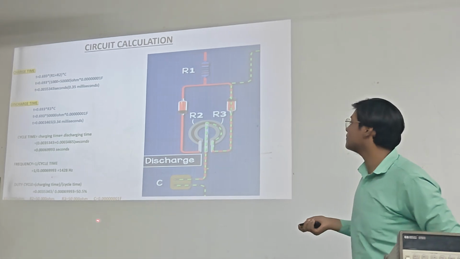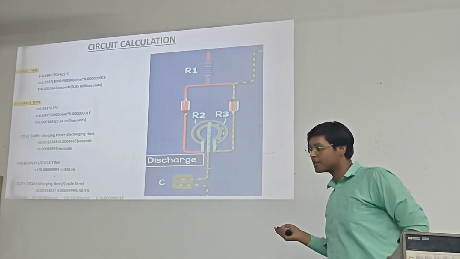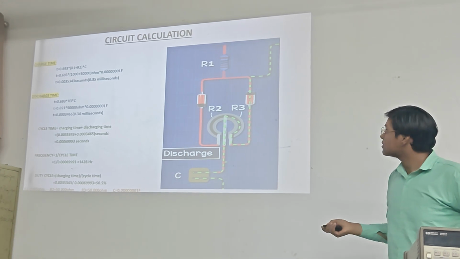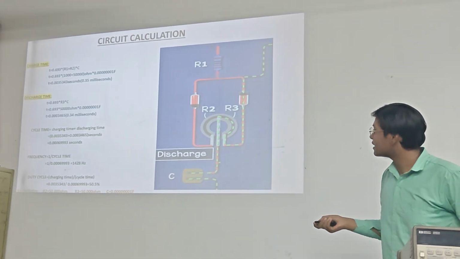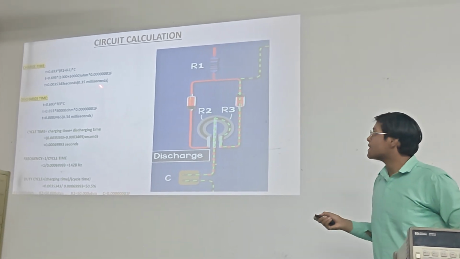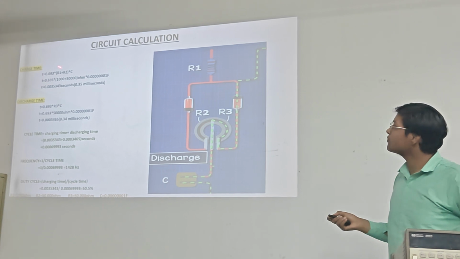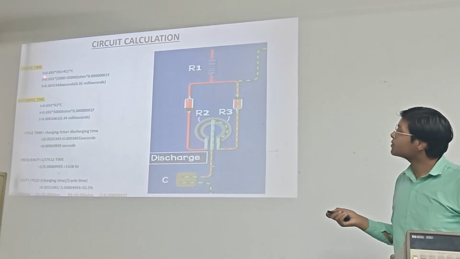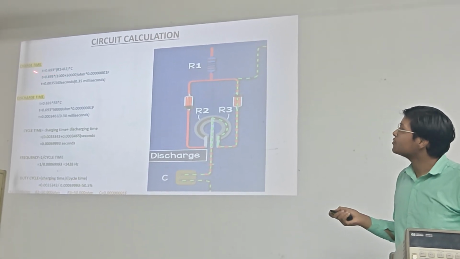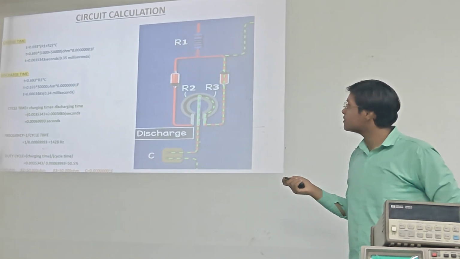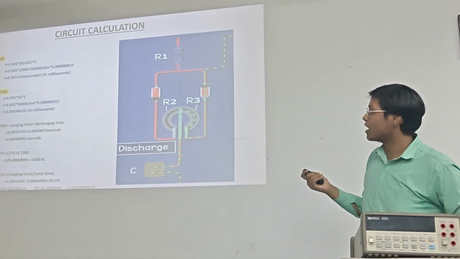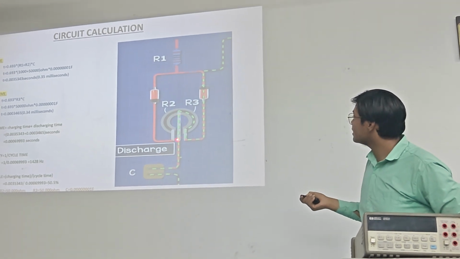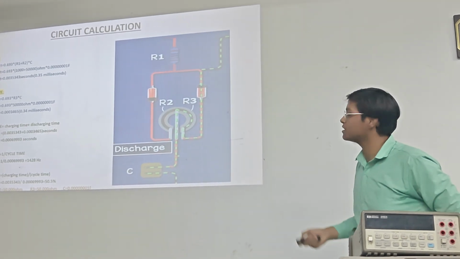We have used a 1 nanofarad capacitor and a 10 nanofarad capacitor. For our charging time, we have used this formula: 0.693 into RC, and in our charging path, the R is R1 plus R2 in series.